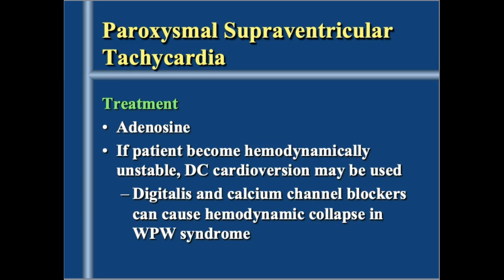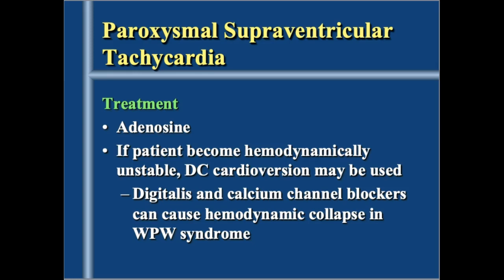Other times you're going to have to cardiovert, especially if they become unstable. And again, your goal with cardioversion is the same as with the adenosine. Your goal is to stop those abnormal beats and allow the SA node to take over and hopefully start regulating your heart at 60 to 100 again.